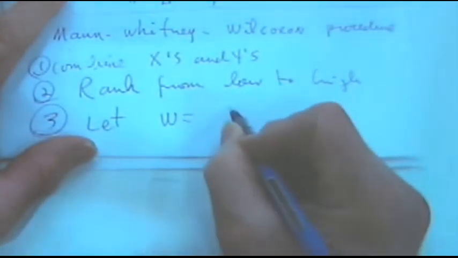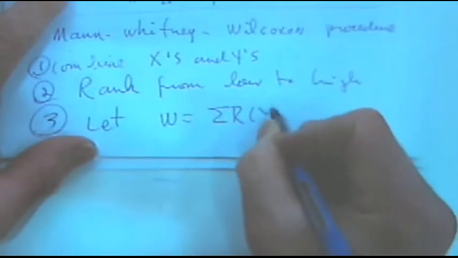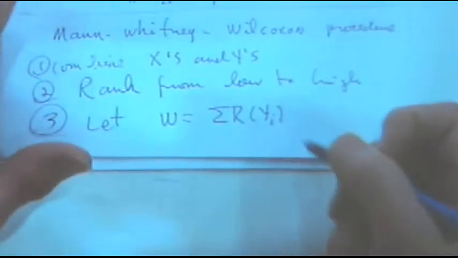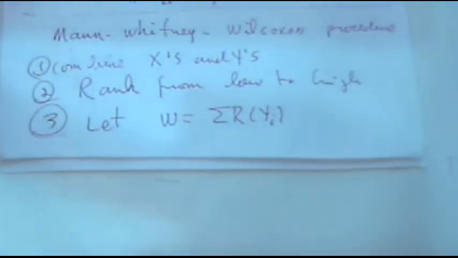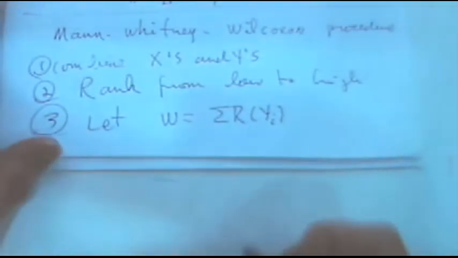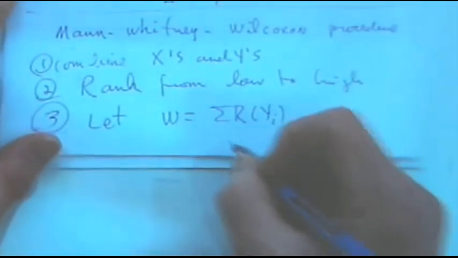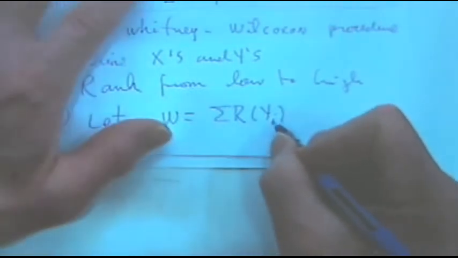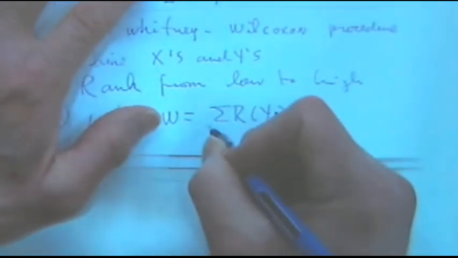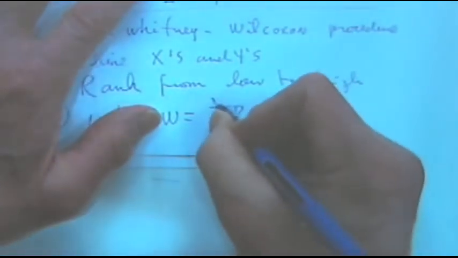W is the sum of the ranks. You could take the sum of the ranks of the x's too, it doesn't matter. You'll get the same p. Maybe we should have a j in here because we're using j. Doesn't matter.